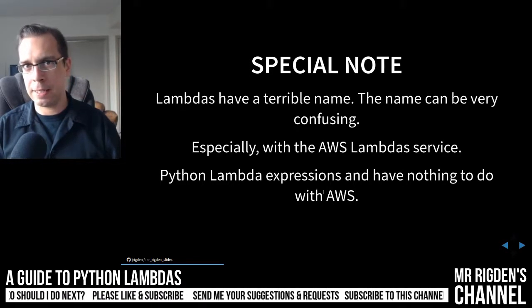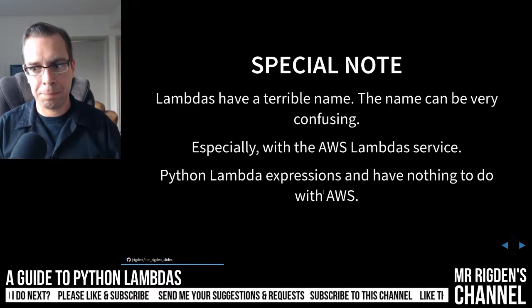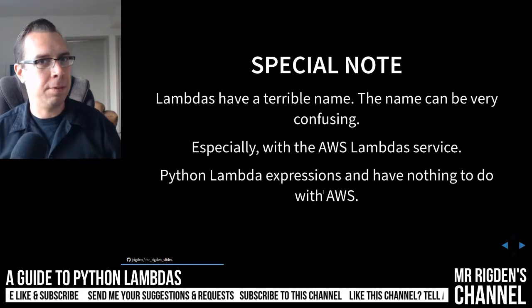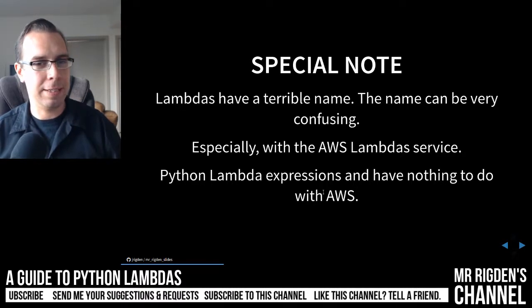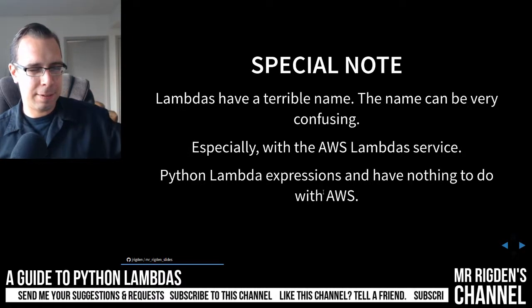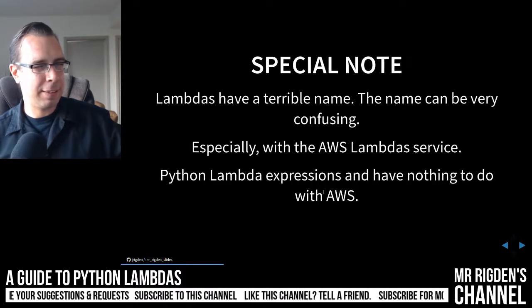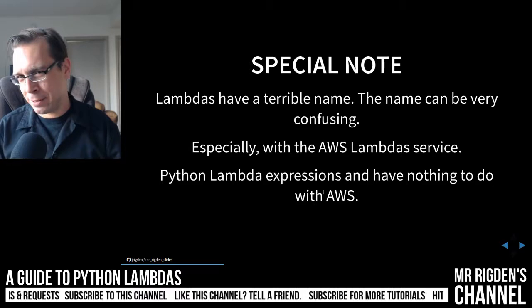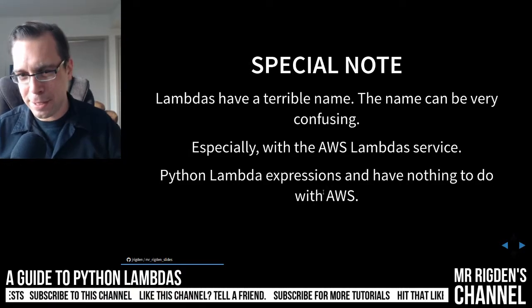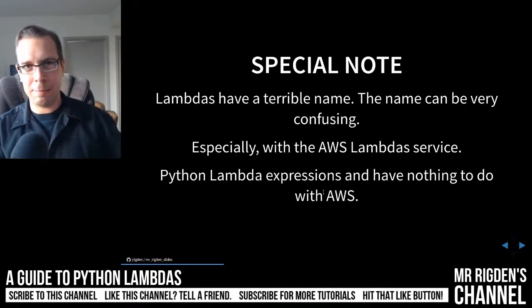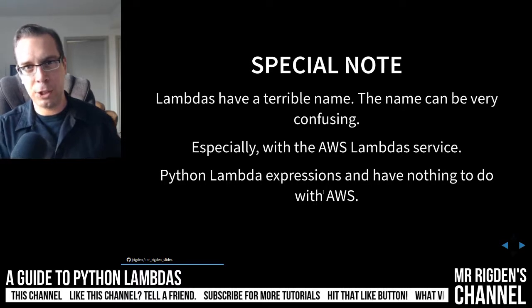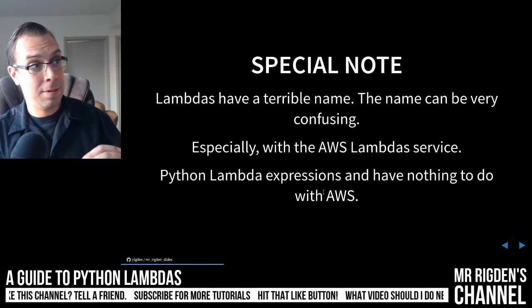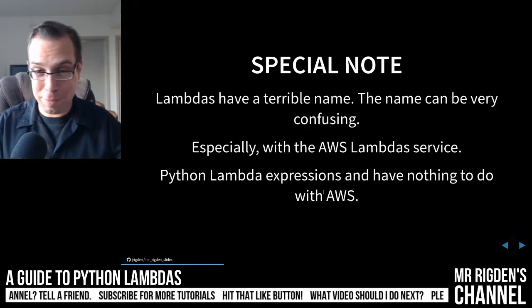People forget how lost some beginners can be and how confusing new concepts can be. And so they know Lambda serverless, they see this in a list comprehension, and their minds are blown. They don't understand what the connection is. There is no connection between Lambda expressions in the Python language and Amazon AWS. There's nothing. Don't worry about it.